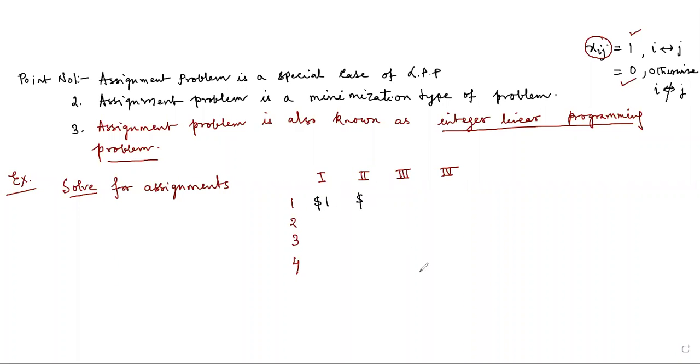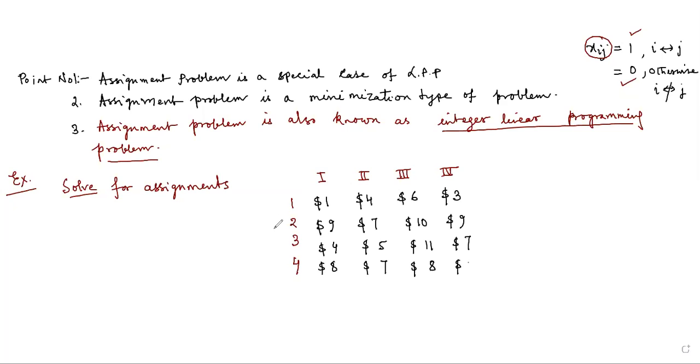The values are given as follows: $1, $4, 6, and 3. Next we have the remaining rows.